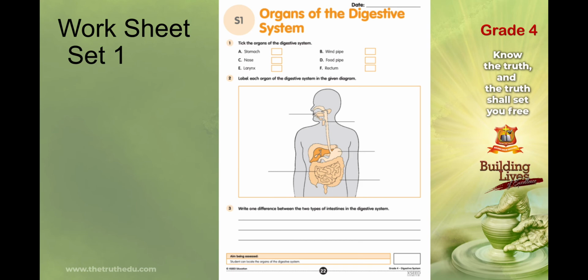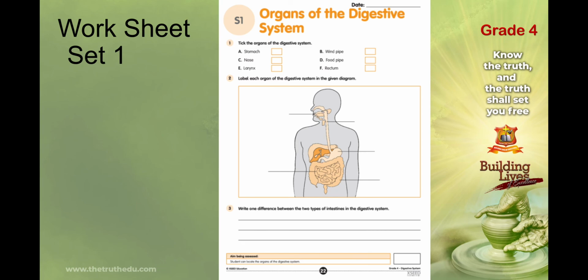Remember, you can tick more than one. Okay, you need to tick more than one organ. And then question number 2, label each part of the digestive system in the given diagram. Okay, so there are 5 parts and you need to label all of them. There are arrows given, you can write after the arrows.